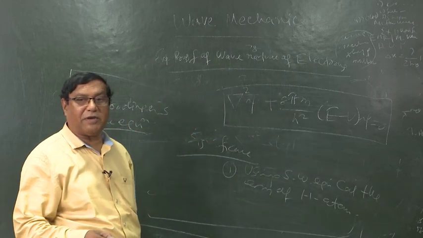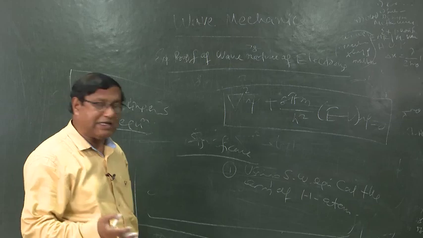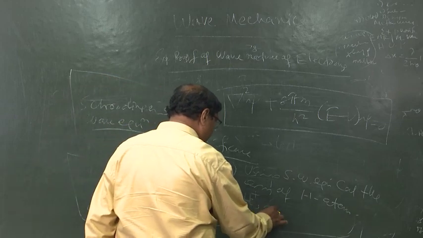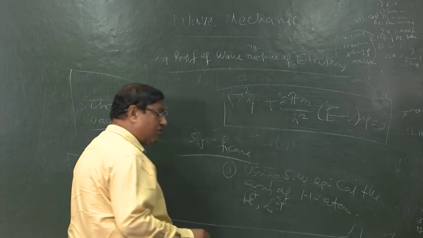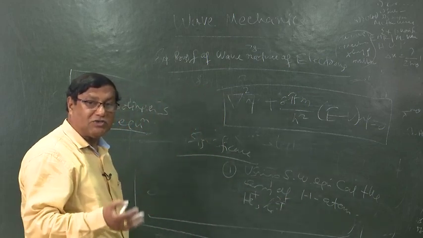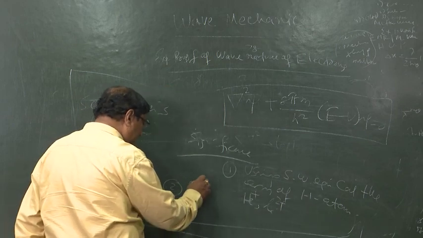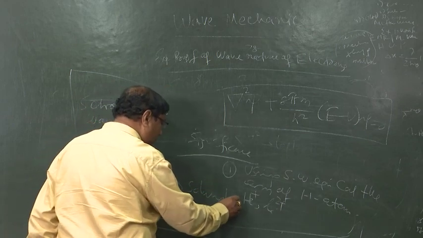Not only the energy of the hydrogen atom, but also hydrogen-like atoms. That is, we can also calculate the energy of helium plus, lithium 2 plus, hydrogen-like atoms, which contain 1 electron.